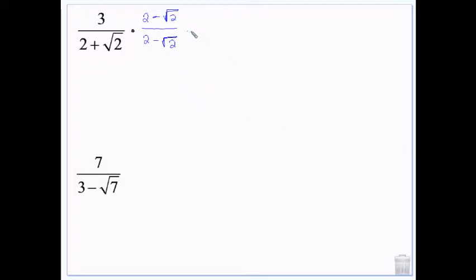Which is going to give me, multiply the first, multiply the last, so I'll have 4 minus 2. And then distribute the numerator. So I have 6 minus 3 times the square root of 2 over 2. And again, that won't reduce because this whole triangle here would have to reduce by the same number, and they don't.